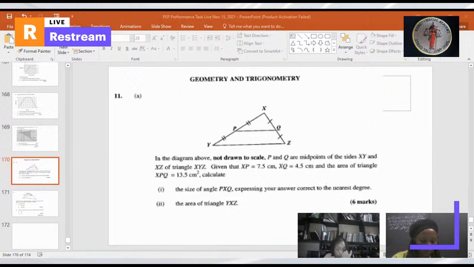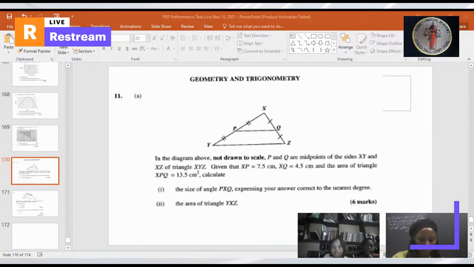Is that a scaling triangle? Does that make that a scaling triangle? All the sides are not even. PXQ. So XP is 7.5, XQ is 4.5. So we would want YZ, or is it no?